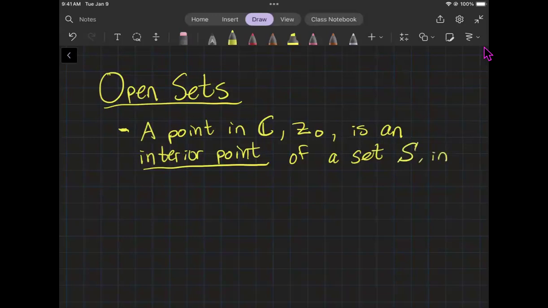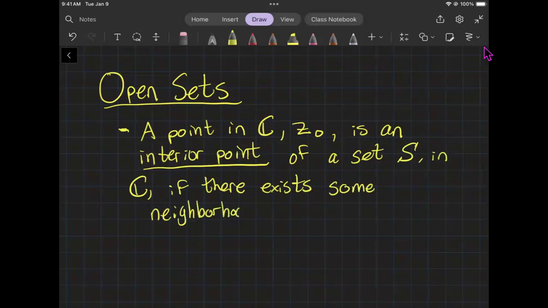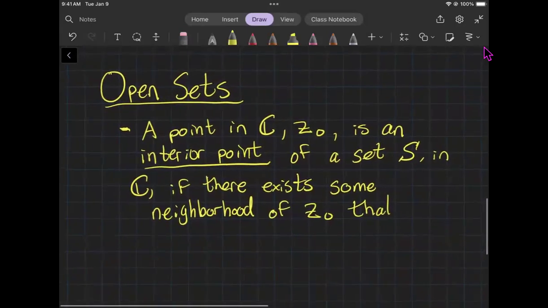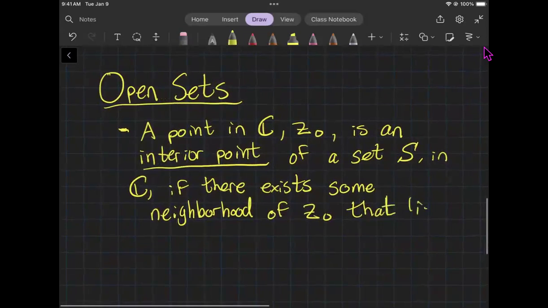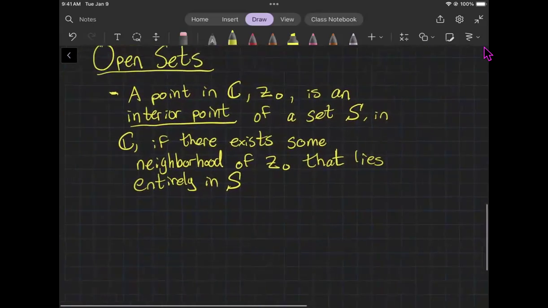S in the complex plane if there exists some neighborhood of z0 that lies entirely in S. Okay.